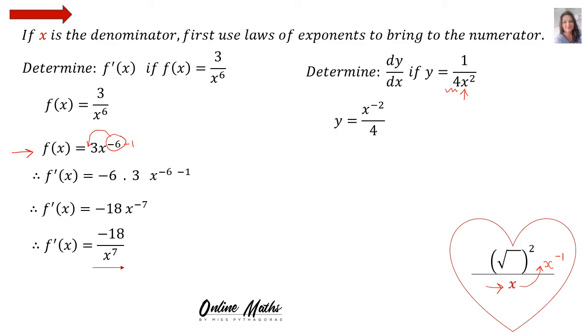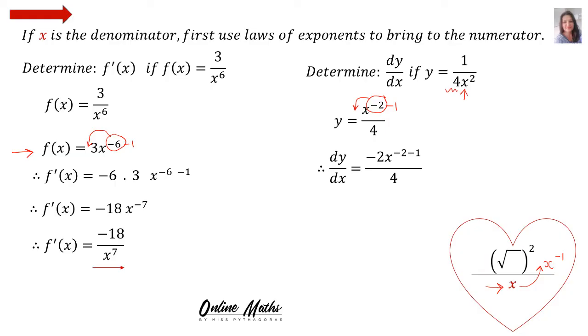So you will take the x squared that's under the line to the numerator, and it becomes x to the negative 2 over 4. The 4 you can leave. Then dy over dx equals. You will take the negative 2. It will go to the front, minus 2x, and then you will subtract 1 on the exponent.